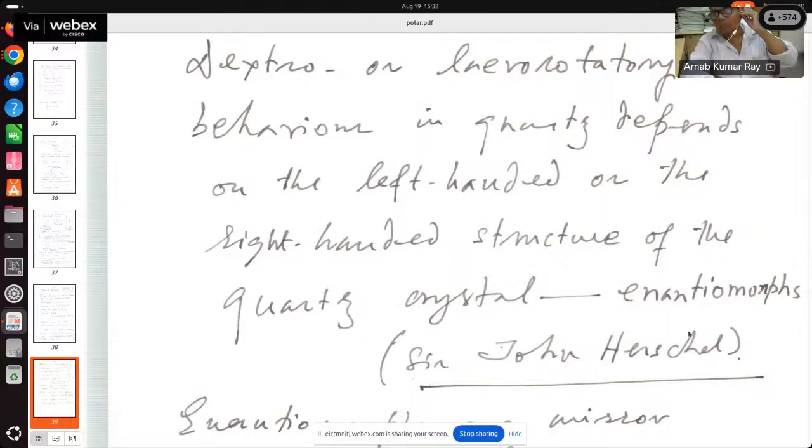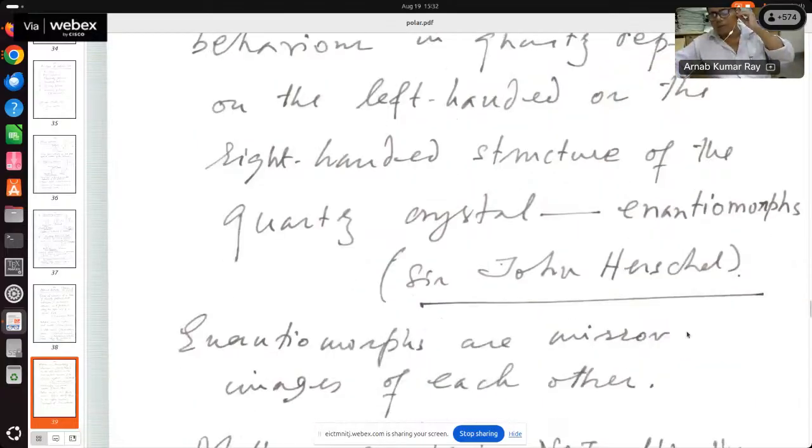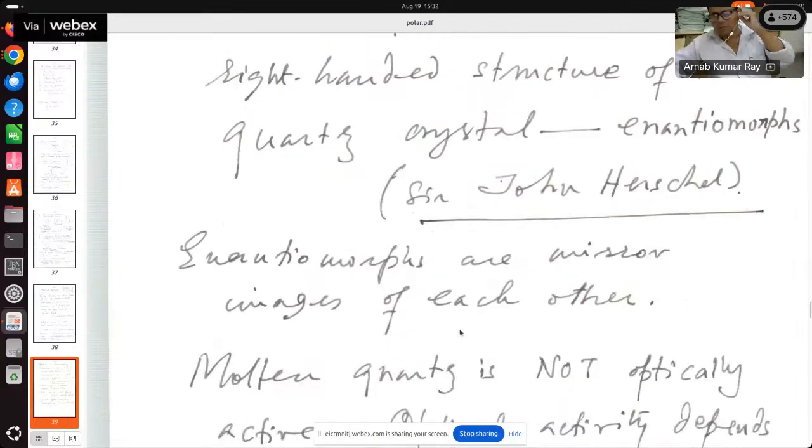So in these enantiomorphs, you have left-handed and right-handed structure. The one will be the mirror image of the other. So left-handed quartz and right-handed quartz will show levo behavior or dextro behavior accordingly. These enantiomorphs are mirror images of each other.